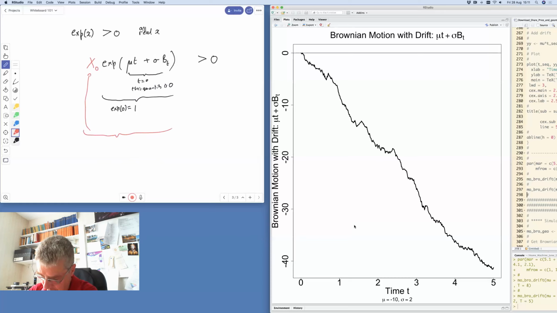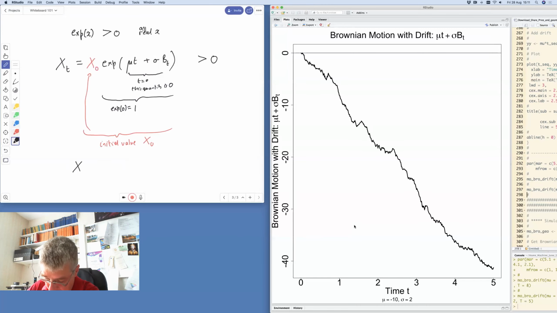So this process here has initial value x0. So it's a more flexible model that can start from any value. And that we usually denote as xt.